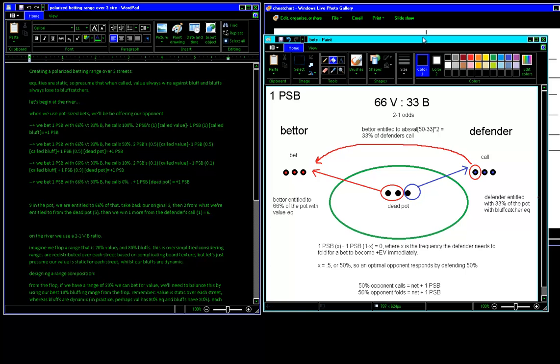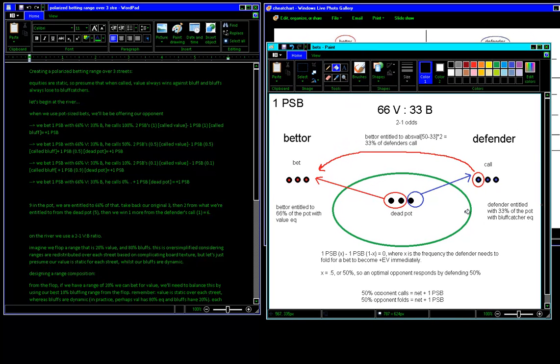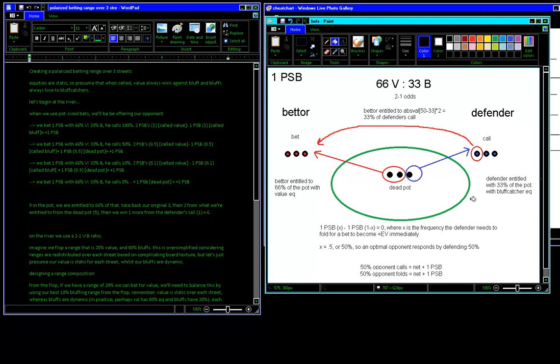So, looking at this problem here, we're trying to decide. I've drawn out a little paintbrush, hopefully to help illustrate the dynamic of what's going on. Don't try to figure it out just yet, I'll just start very gradually. So let's say we're on the river and we are the guy betting, and let's say we use a one pot size bet.